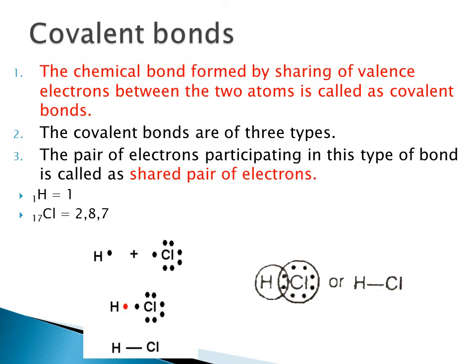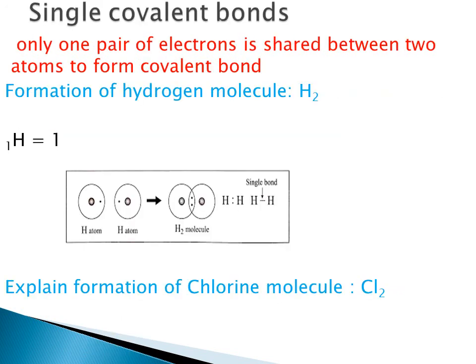So this molecule, HCl molecule, is the example of single covalent bond. We will get more information about single covalent bonds now. When only 1 pair of electrons is shared between 2 atoms and a bond is formed, then such bond is called as single covalent bond.